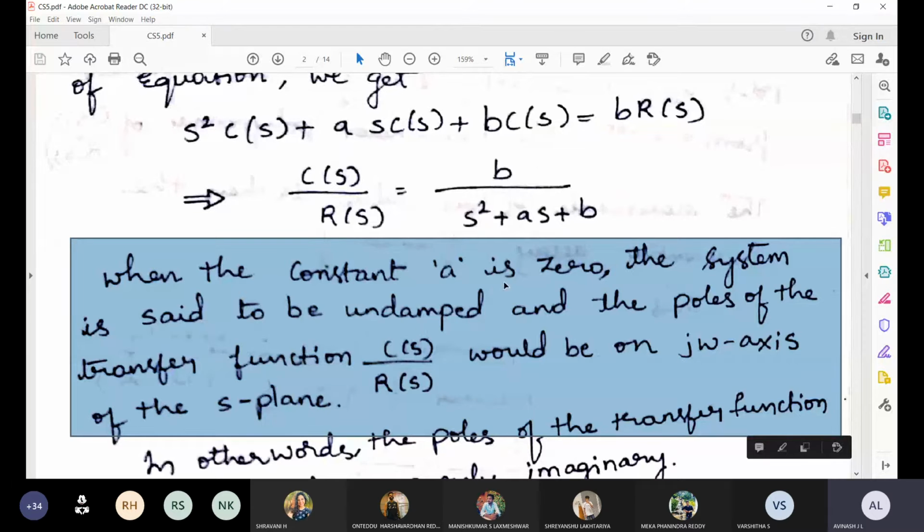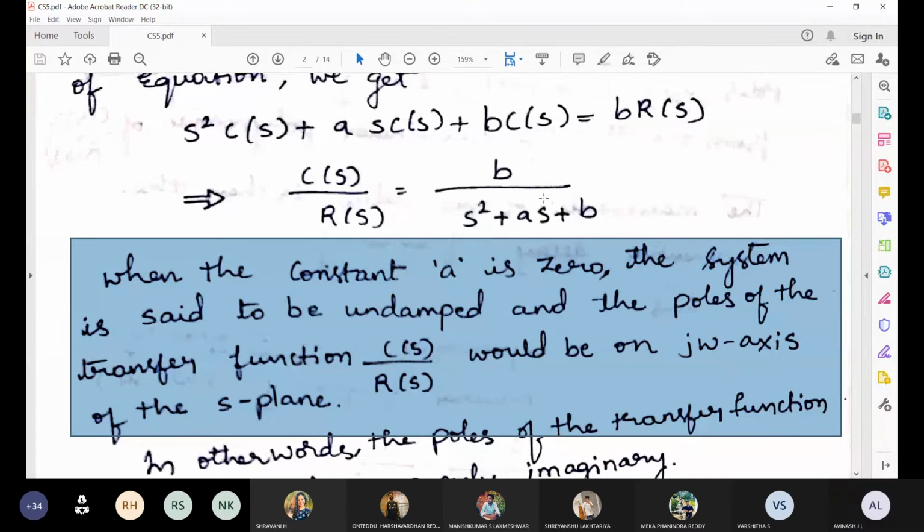So when the constant a is 0, what happens? S square plus b was left out. So s square is equal to minus b, and s equals the square root of minus b. So obviously it is on the imaginary axis. Isn't it so? That is the condition we are saying.